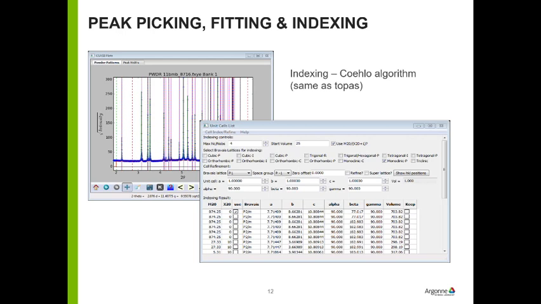Anyway, so the point is you would fit the peak positions, and then subject them to an indexing algorithm inside GSAS-II, which is, by the way, the same as used in Topaz, or a small modification thereof, and works just as well. It's a lot slower, but it works.